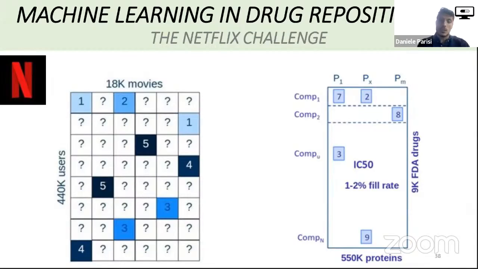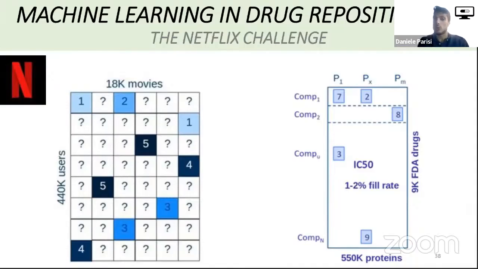Netflix tried to do the same thing using a different matrix, the matrix of users and movies, and it tried to predict how much a new user could like movies that he didn't watch, based on the ratings that other users gave on the movies they watched, and also on the ratings that the same user gave on the movies that he watched.